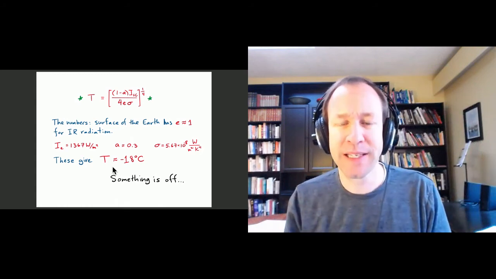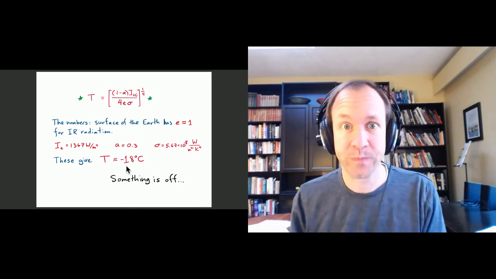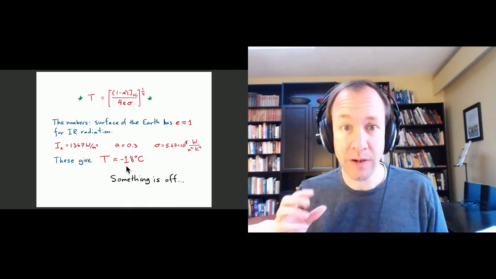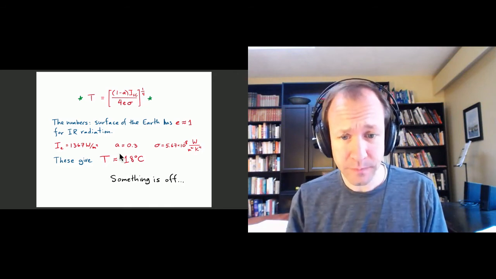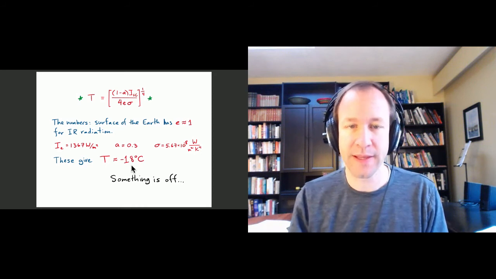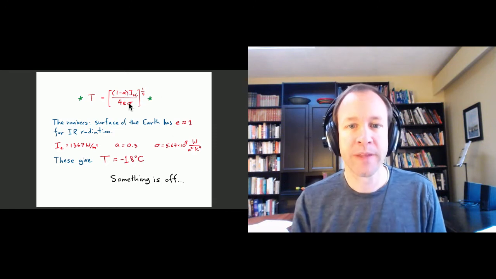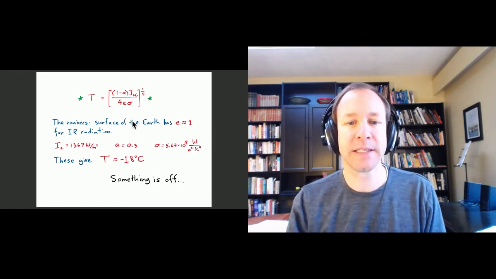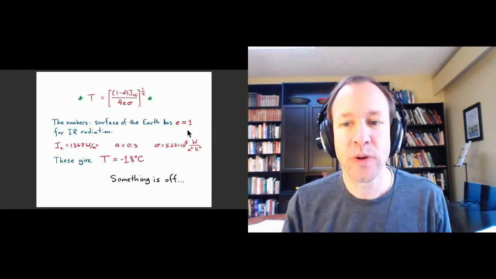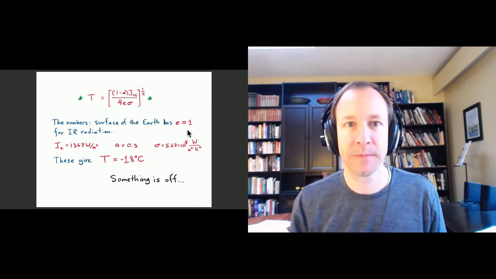But generally speaking, the planet would be much less pleasant if this were the right answer. Okay, so our real temperature is significantly higher than that, even though there are some parts of the Earth where that might be the surface temperature. Okay, so where did we go wrong? And you probably already guessed it. I mentioned that when we set E equals 1, we're ignoring effects to do with the atmosphere.